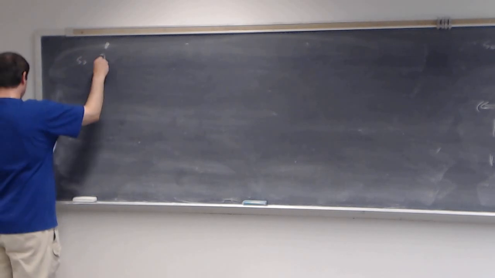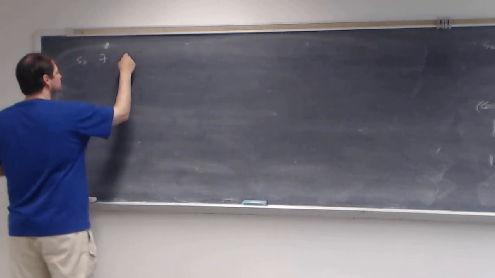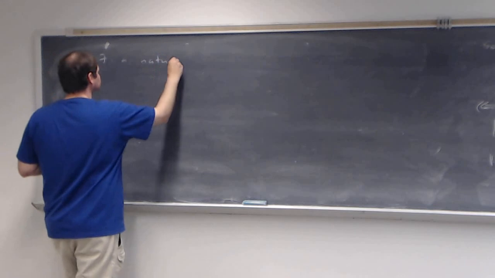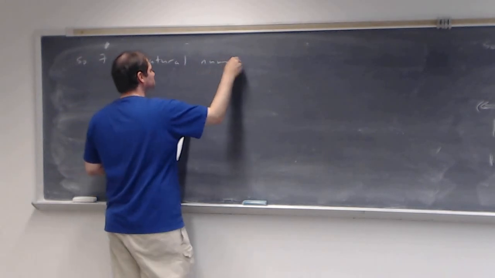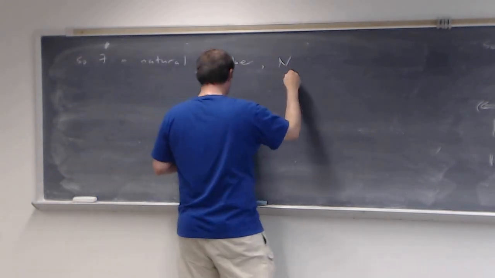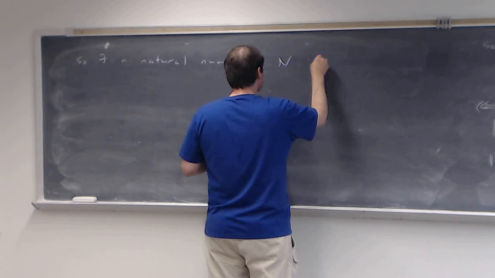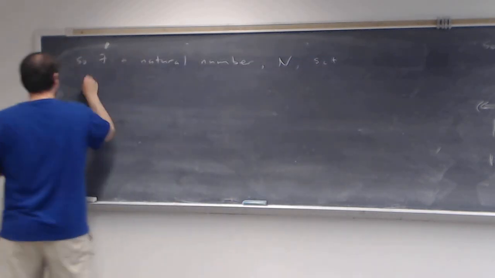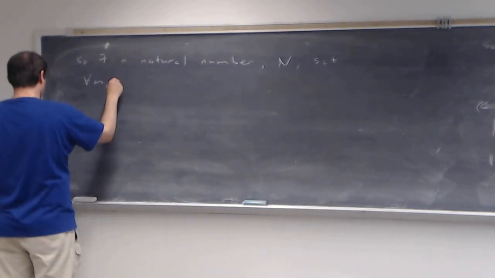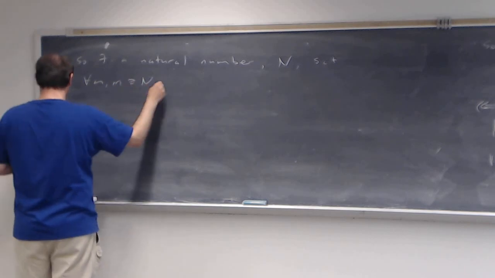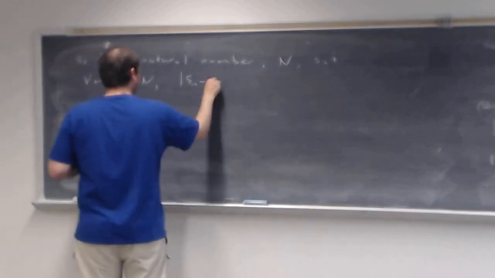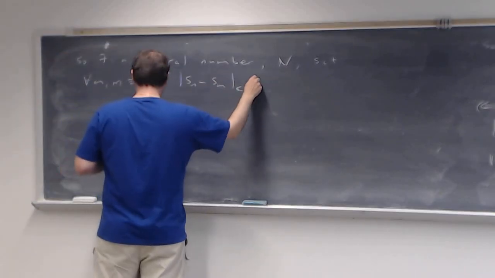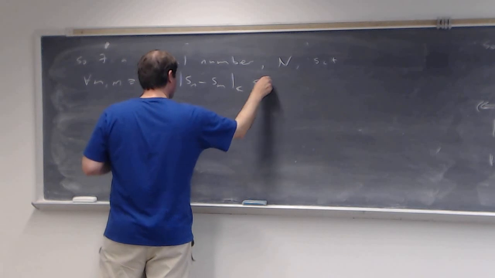So there exists a natural number, and it's N, as we had before, such that for all n and m bigger than or equal to N, s of n minus s of m will be less than epsilon.